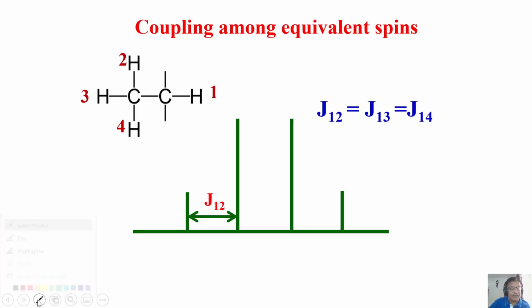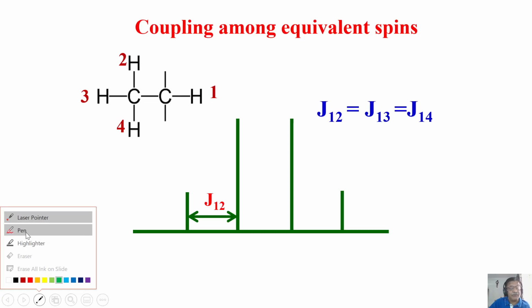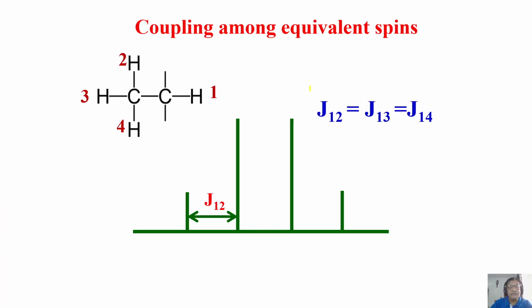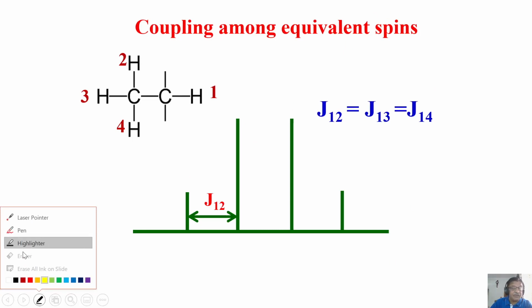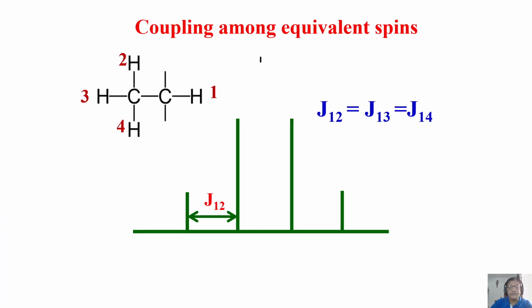Interestingly, here we are going to get a quartet for this proton. Now let us understand how that quartet will come. And this separation between adjacent transitions gives you the coupling here.